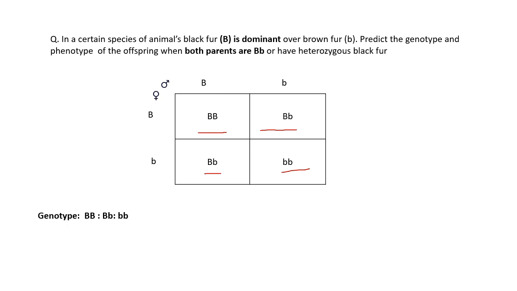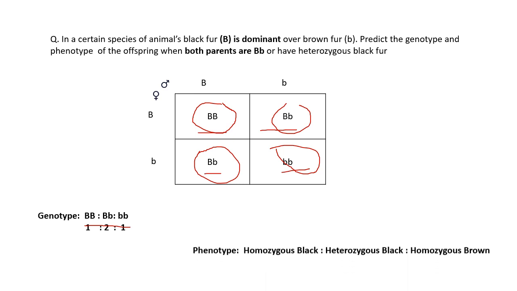So the genotype has three possibilities like this, and the ratio is 1:2:1, because this is 1 out of 4, this is 2, and this is again 1. So the genotype is 1:2:1. Phenotype is the visual character.